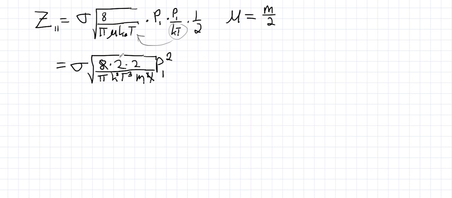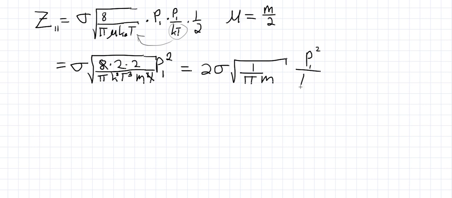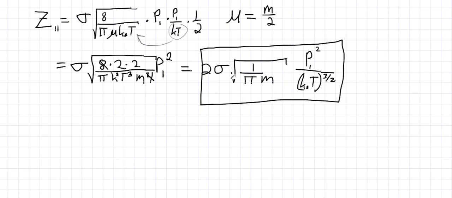And then we can pull that out since it's the square root of 4. So we end up with 2 times the collision cross section times the square root of 1 over pi times the mass. And then we can say we've got the pressure squared and KT to the 3/2. And that's going to be our final expression for the overall collision rate.